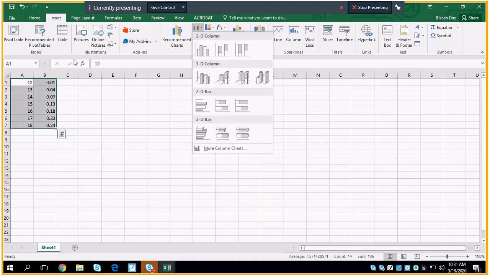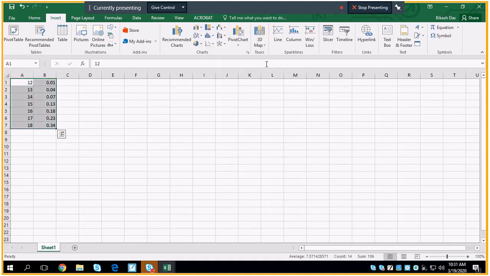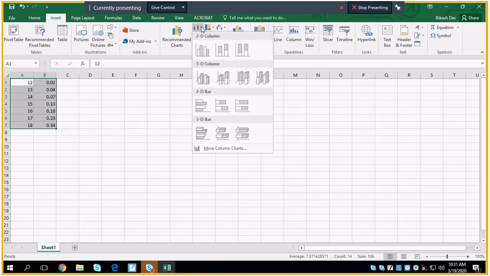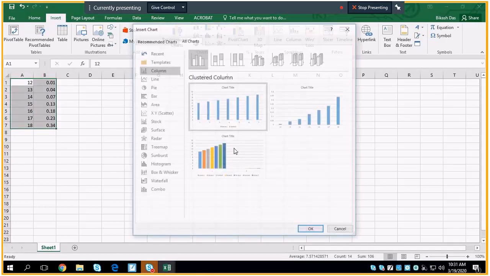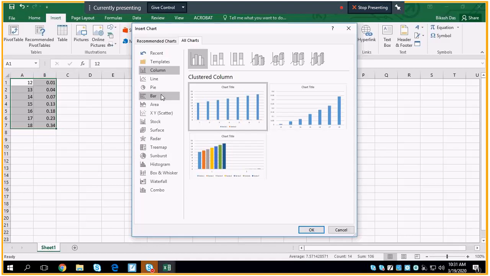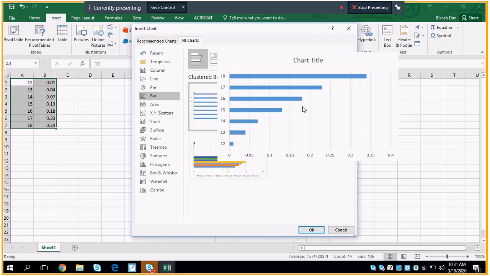We can also try doing histograms. I'm just trying to show you all types of possibilities of the charts. This is the bar graph, and I can pick any one of them.